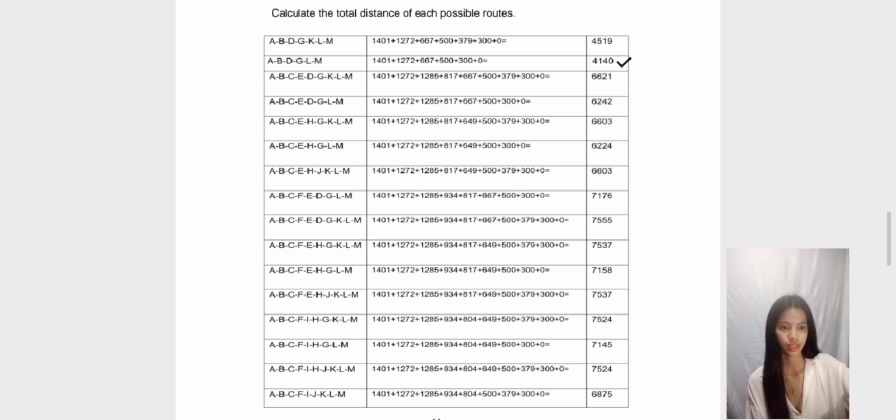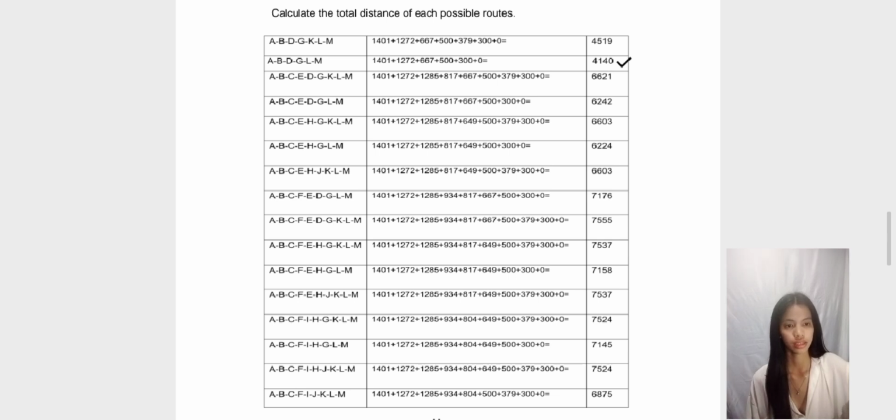Then followed by A to B to D to G to L and then to M. The same goes as with the first one: just add them, and you can see the total of 4,140.